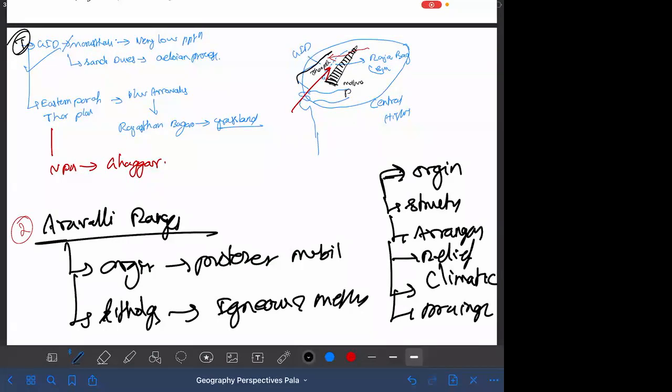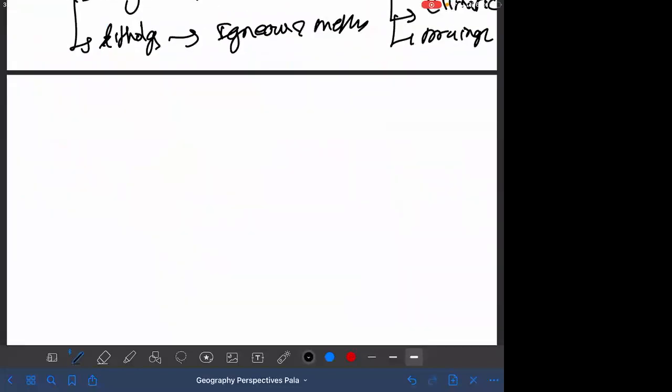Why? Because these are regions of igneous and metamorphic rocks.